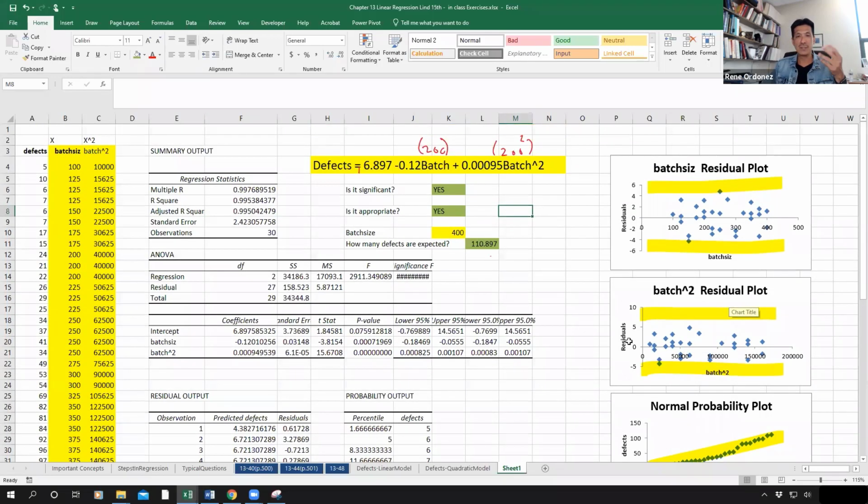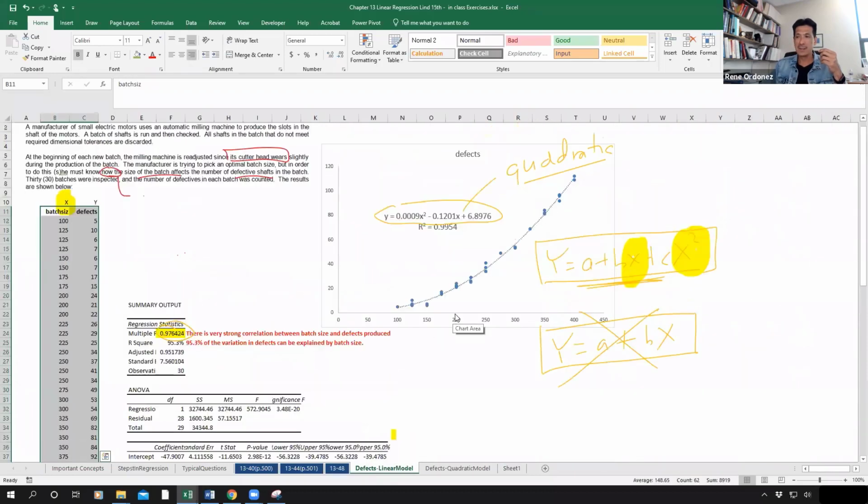And also, we can see from the original plot that the quadratic model fits the data set. Questions?